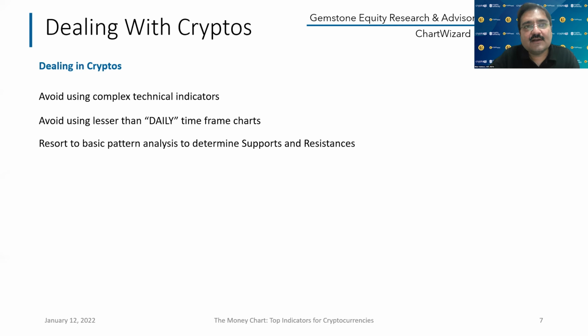I would first suggest they get acquainted with the basic concepts of technical analysis and resort to identification of basic supports and resistances, and this would be enough for them. And I would advise avoiding any use of complex technical indicators.